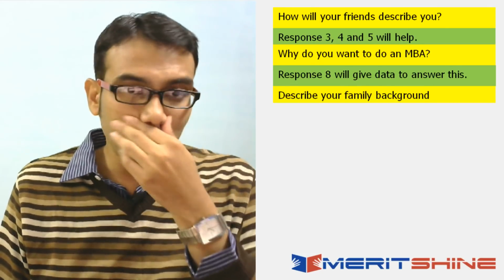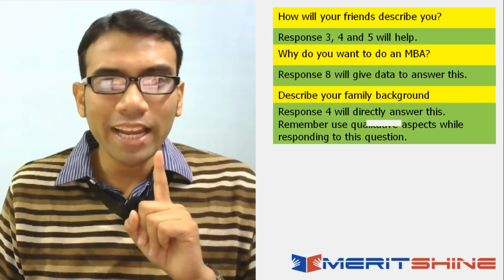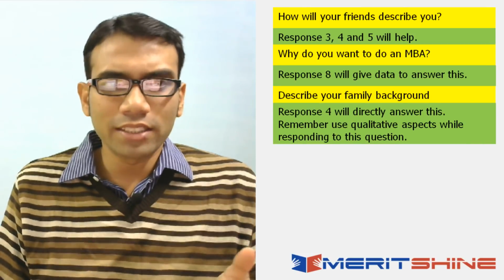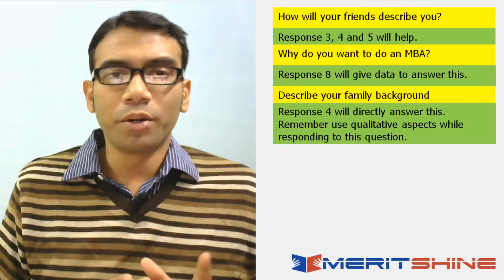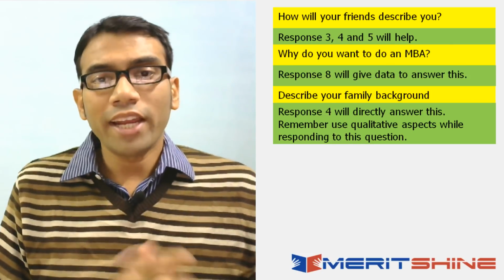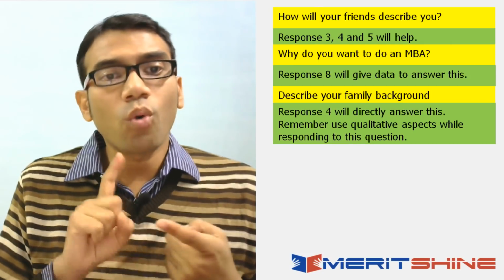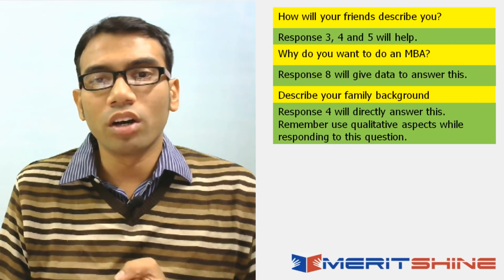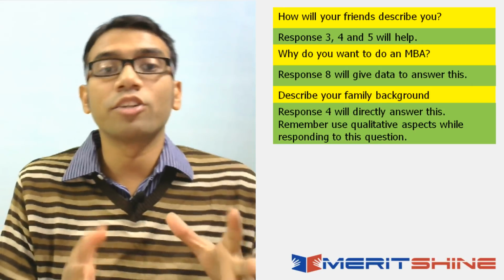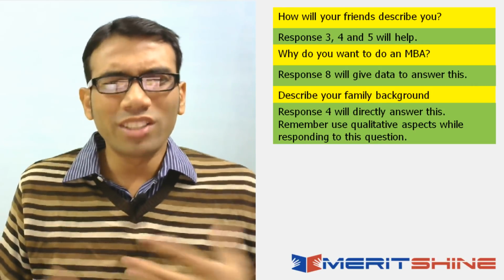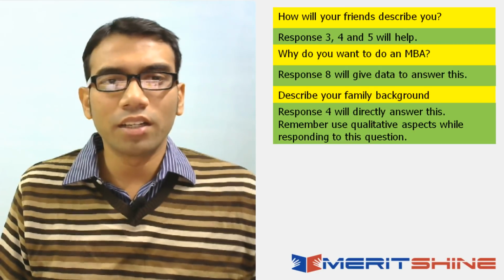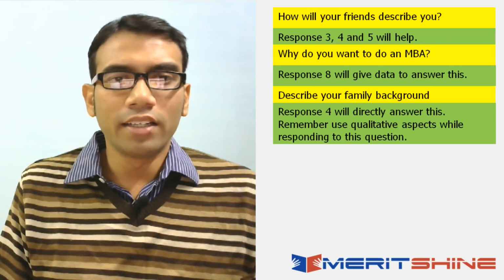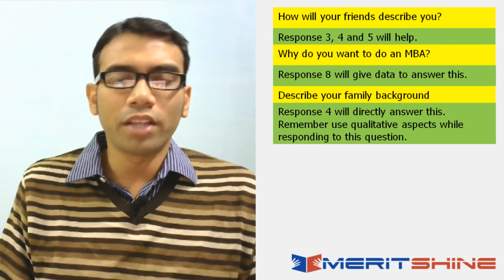Then, describe your family background. Here CJ can take Response 4, which will directly answer this, but you should always remember, and this is for everyone, to use the qualitative aspects of your family or friends while responding to this question. Don't say things like my father is a teacher, my mother is a housewife, my brother works here.